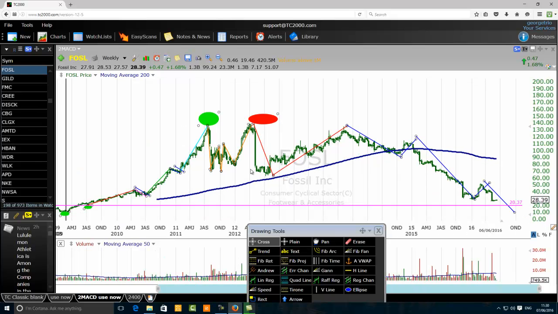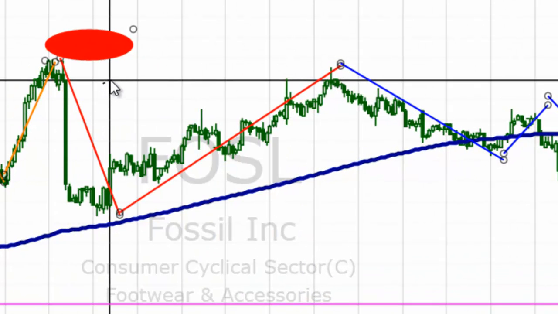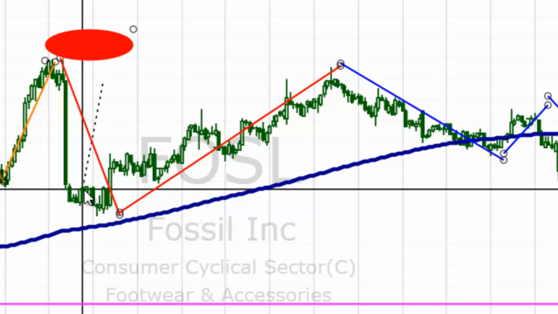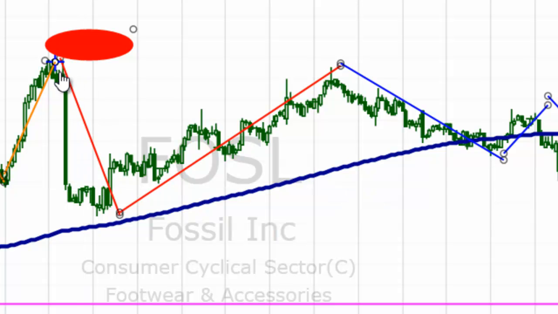In 1 week, look at this long candle on the weekly chart, down in 5 days. From $129, call it 130, all the way down to $76. A $40 price move almost in 5 days.